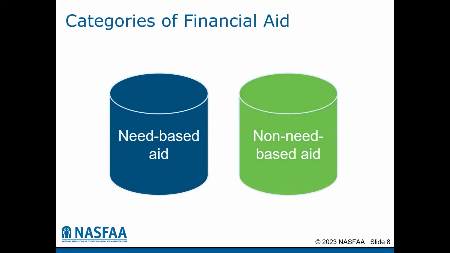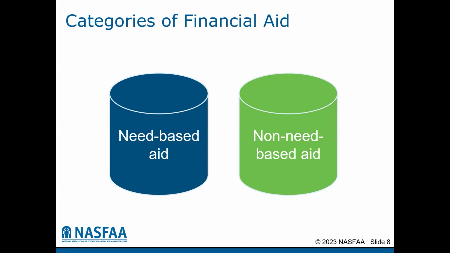Now, we will move on and talk about the categories of financial aid. Financial aid can be divided into two buckets: need-based aid and non-need-based aid. To receive need-based financial aid, a student must demonstrate financial need.